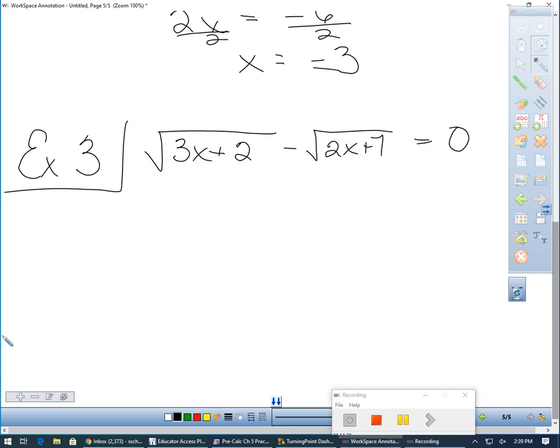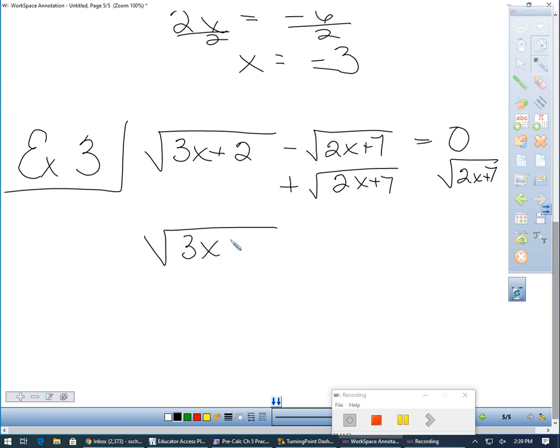So we're actually going to add this radical on this side to the right. Okay? So we're going to add the square root of 2x plus 7 to the right-hand side. We end up with the square root of 3x plus 2 equals the square root of 2x plus 7.